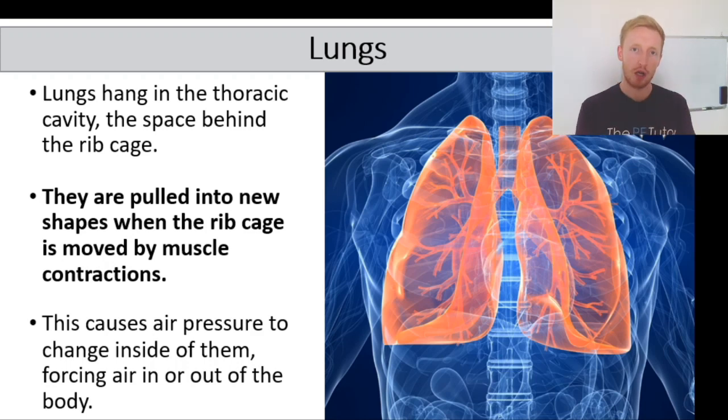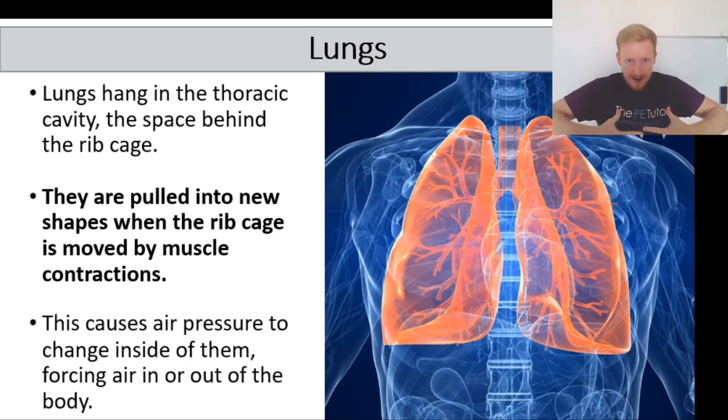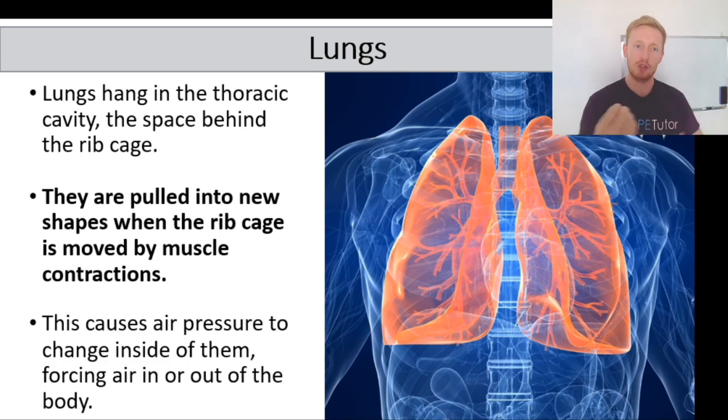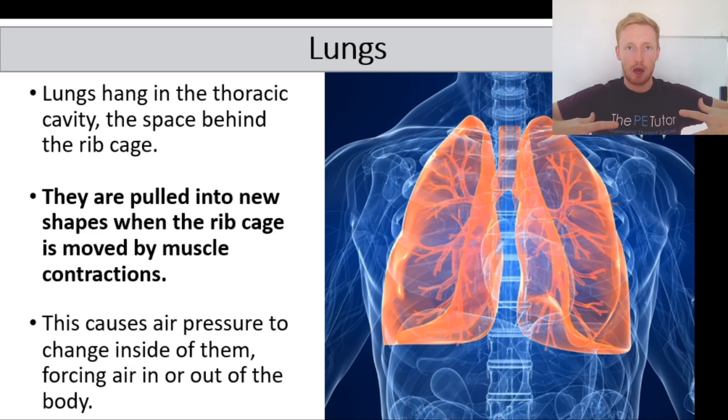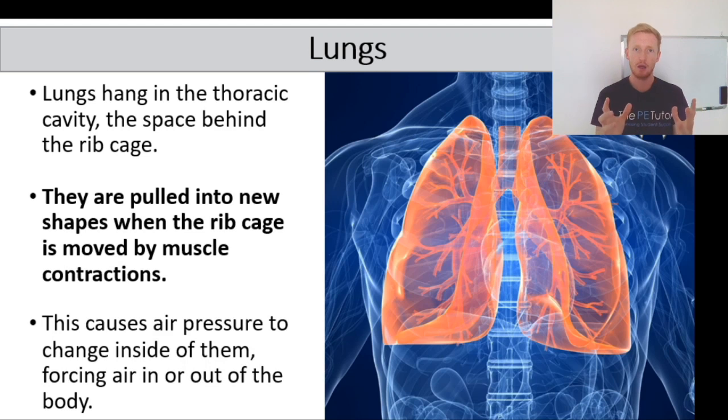That's a low pressure. So what we've just done, if we drag these lungs around and we pull our rib cage upwards and outwards using our respiratory muscles, which we'll cover again in a different video, we expand the lungs, expand the space, and we drop the pressure inside. We've now got a lower air pressure inside the lung compared to outside of our body. And hopefully what we know by now is that air moves from areas of high pressure to low pressure.